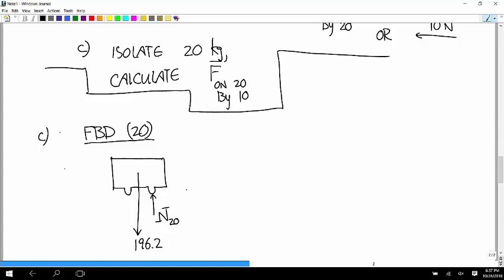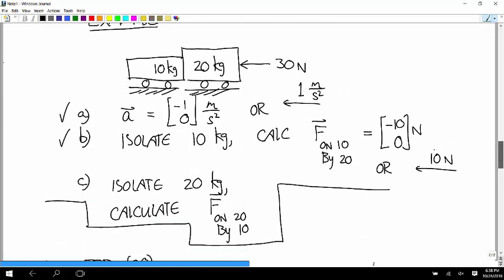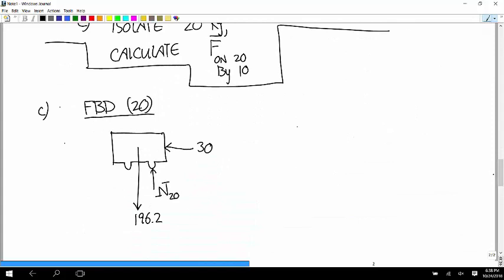And then there are 2 other things going on. Over here at the boundary, there's a 30 Newton force pushing to the left. And then on the left side is the 10 kilogram cart, and it's pushing on the boundary from this side.